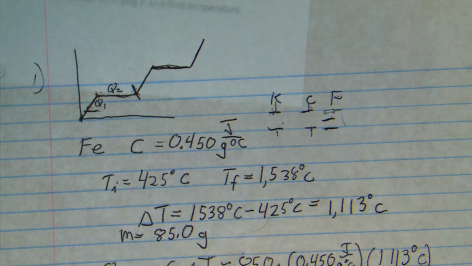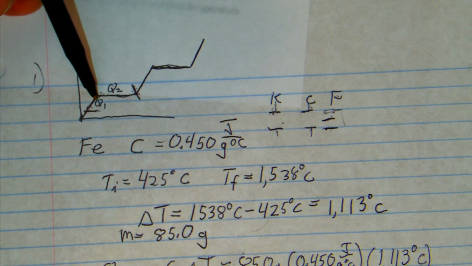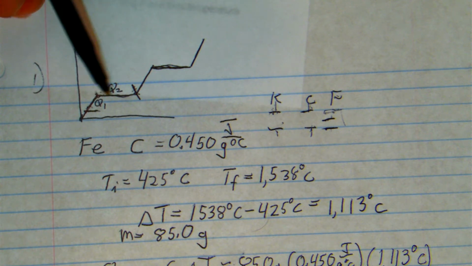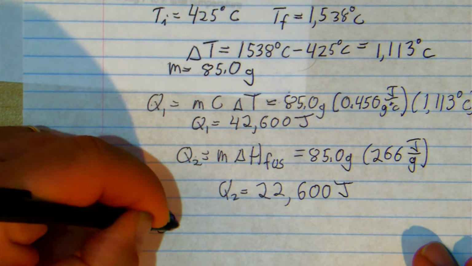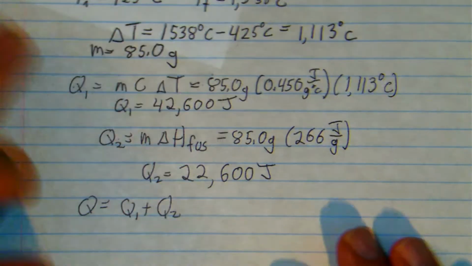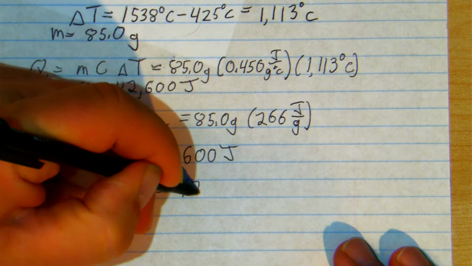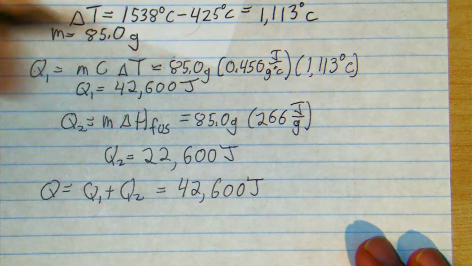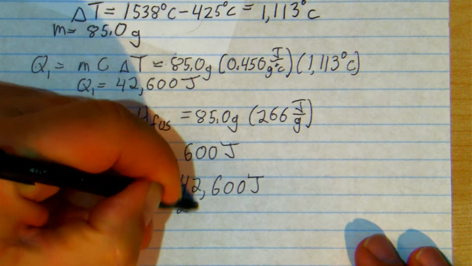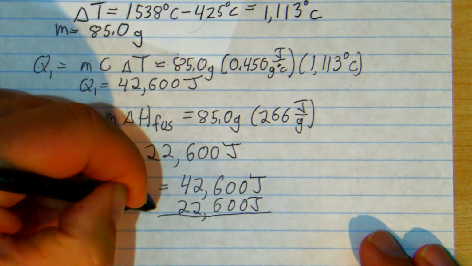My last step to answer this question is to calculate the total heat energy, the energy to warm up the iron to its melting point, and the energy to actually melt the iron. So the answer, Q, which is the sum of these two individual heat energies, will be 42,600 joules to heat the iron plus 22,600 joules to melt the iron.